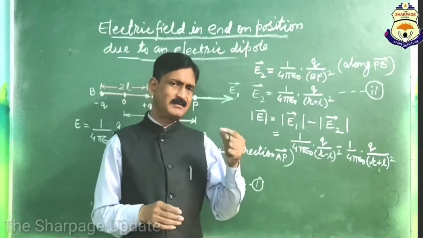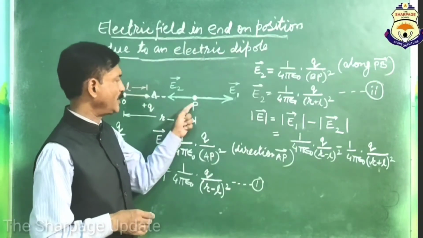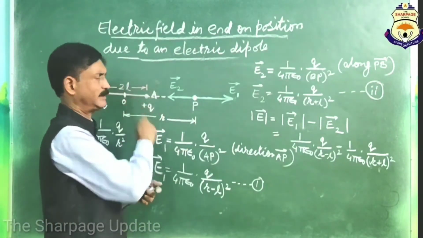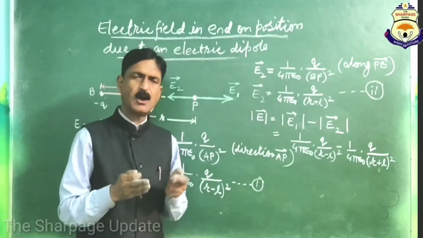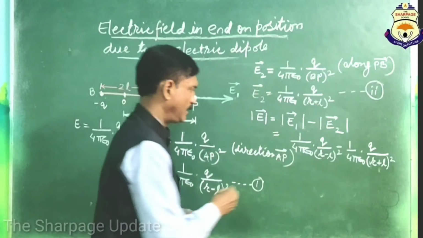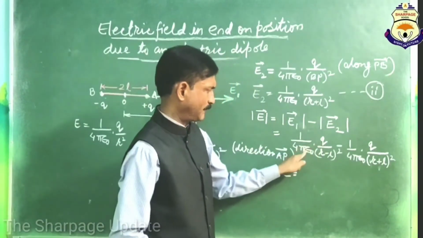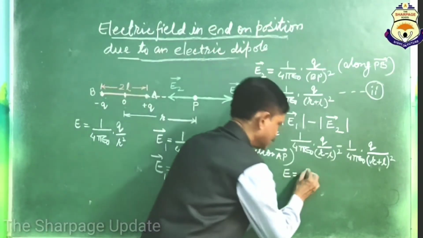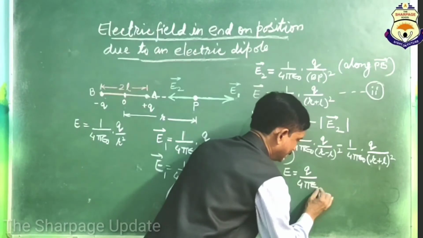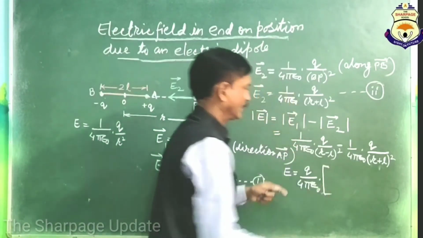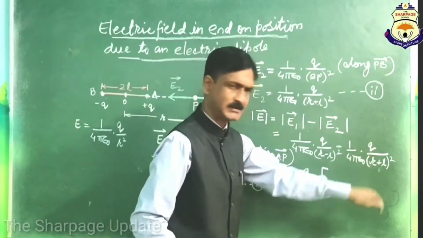So the magnitude of resultant electric field intensity at point P due to this electric dipole in end-on position, or axial position, or longitudinal position, will be E equal to, here Q upon 4 pi epsilon 0 can be taken common. So Q upon 4 pi epsilon 0 into [1 upon (r minus L) whole square minus 1 upon (r plus L) whole square].